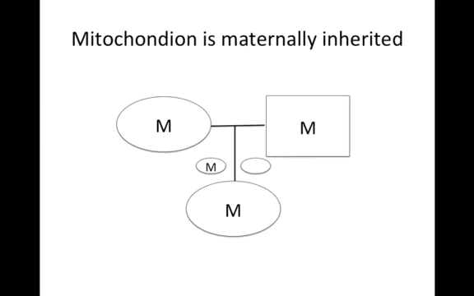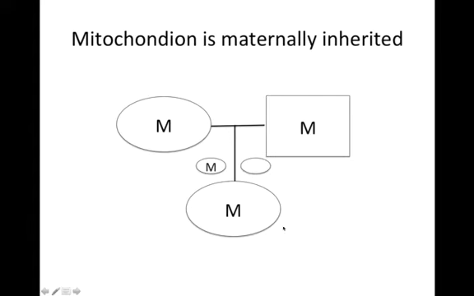Well, it turns out that this is a mitochondrial inherited disorder, and this is showing the classic maternal inheritance pattern of a mitochondrial condition. So here's basically a diagram of how mitochondria are inherited. Both males and females have mitochondria. However, mitochondria is not passed down in the sperm, it's passed down through the egg.